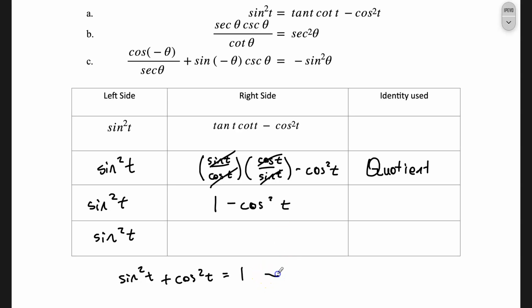In this case, what we have to do again is rewrite it, using some algebra. So here we see that sine squared is equal to 1 minus cosine t squared, meaning that I can replace this whole side with just a sine squared t. And since we use the Pythagorean identity, we say Pythag right here, and we're done.